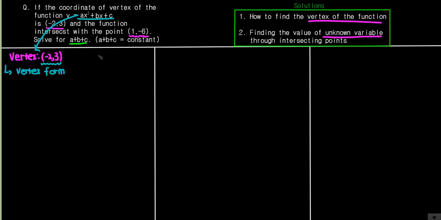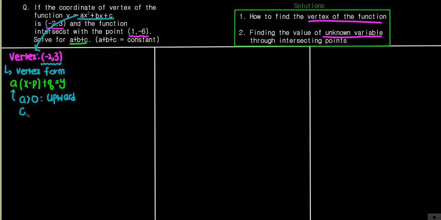In the last videos, we learned about the vertex form: a times x minus p, squared, plus q, which is equal to y, our function. If we analyze this vertex form, the a value only affects the type of our function, which means when the a value is greater than 0, the graph will go upward.